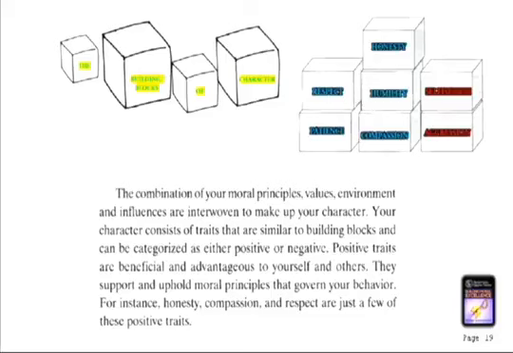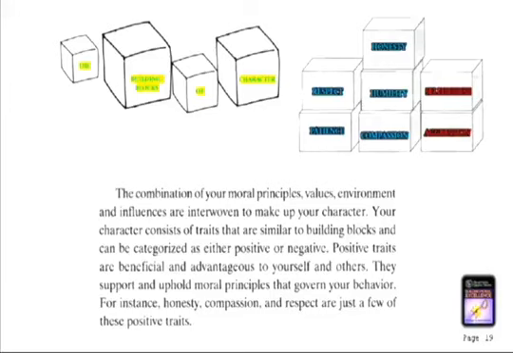Like I talked about the other day about returning that wallet, that lost item. That's a benefit to somebody else. You become a benefit to someone else because you care and you're concerned about someone else's property enough to return that lost item. It says, positive traits support and uphold moral principles that govern your behavior.